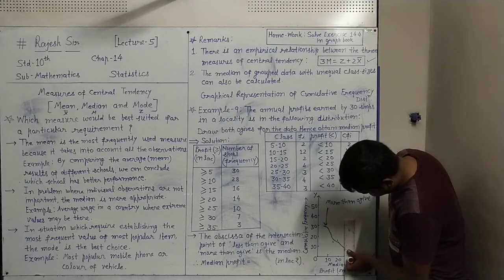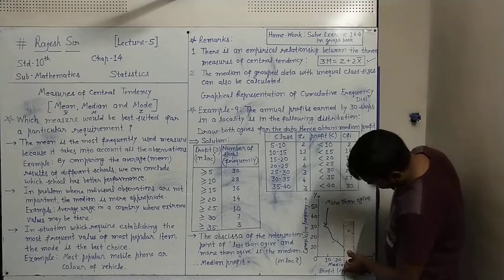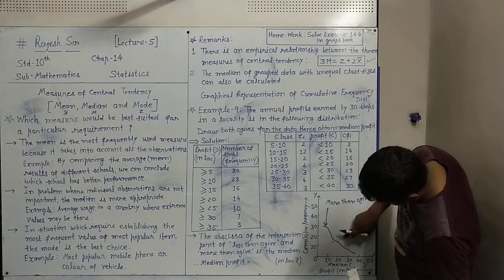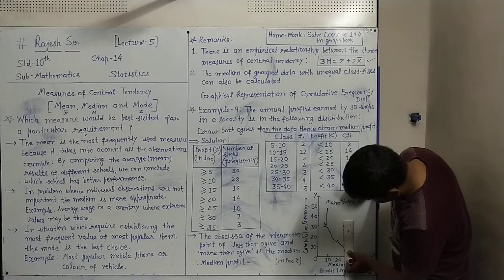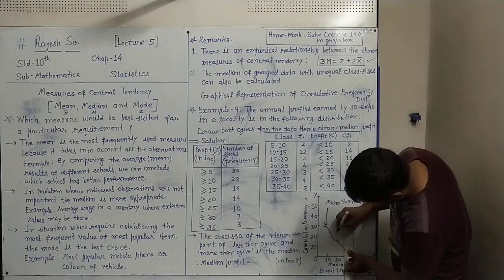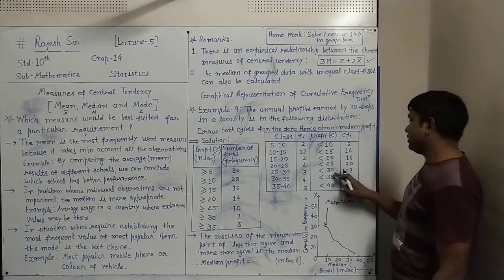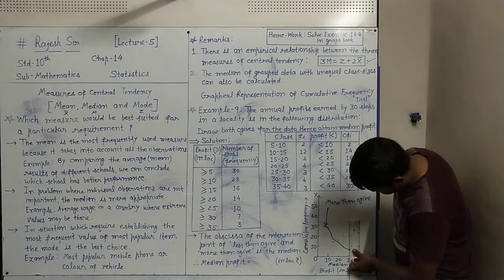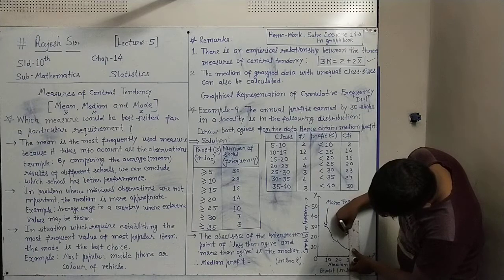Then 25, 20. 25 between 20 and 30 here. And 20 up. This one 20. Then 30, 23. 23 means 20 and 3. 1, 2, 3.